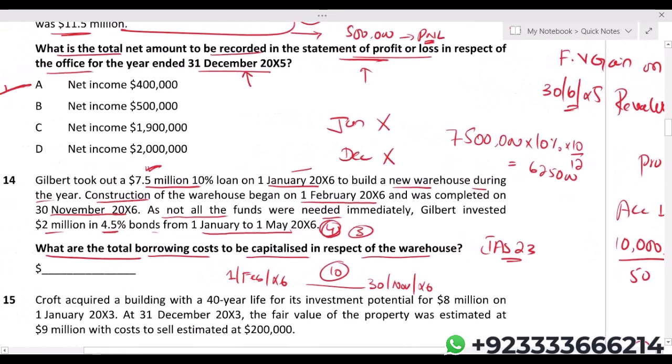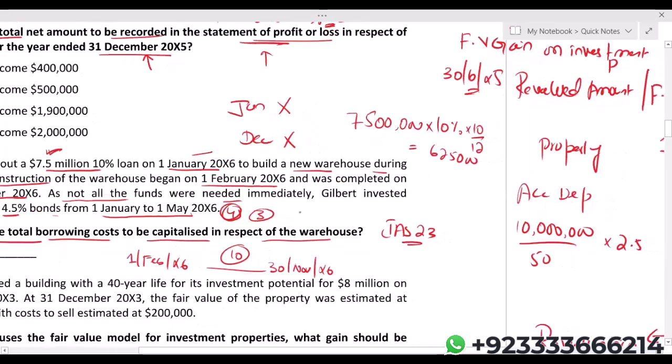How much have they invested? 2 million at 4.5% for 3 months. That is Feb, March, and April. The return is 22,500.